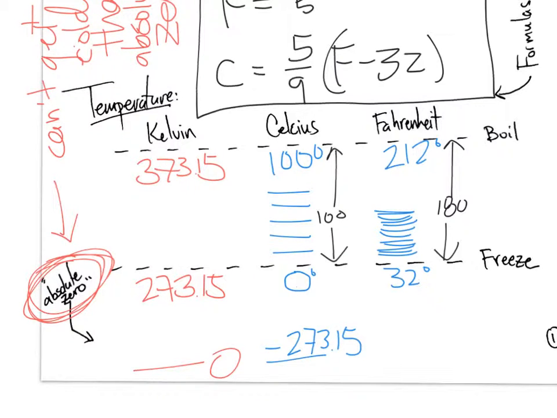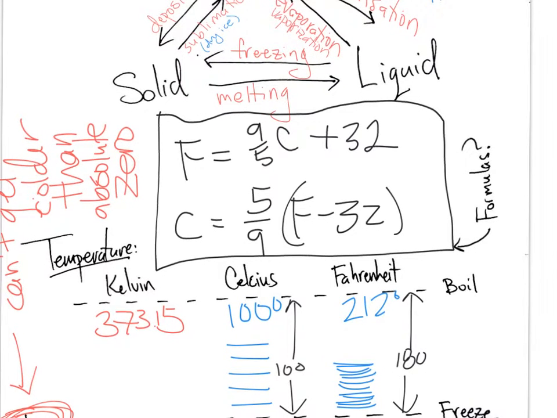Oh yeah, and then lastly, the equations for converting back and forth between Fahrenheit and Celsius. To get Fahrenheit degrees, we can multiply the Celsius temperature by 9/5 and add 32. And to convert from Fahrenheit to Celsius, subtract 32 from the Fahrenheit temperature and multiply by 5/9, and you'll get Celsius.